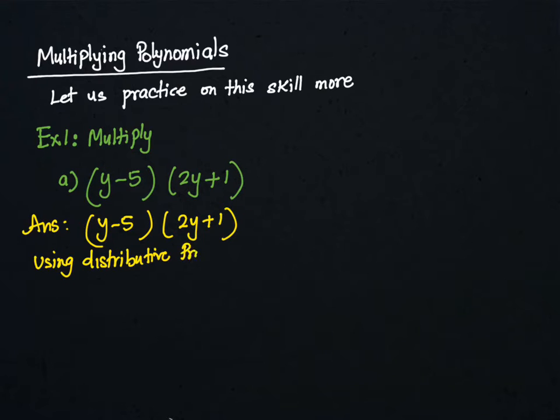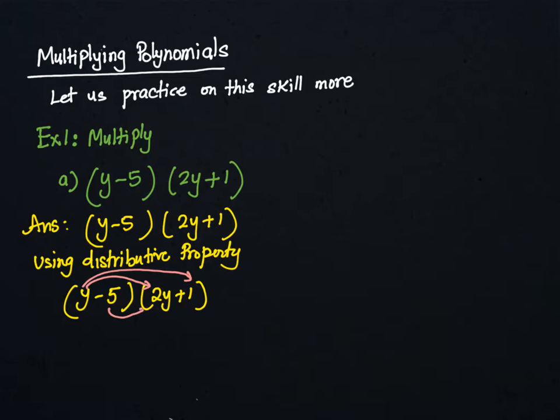I always create those arrows so it's easier for me to see where the terms are going. So I rewrite the entire thing and then I create the arrows. If you want, you can also create them. And then you write out everything.